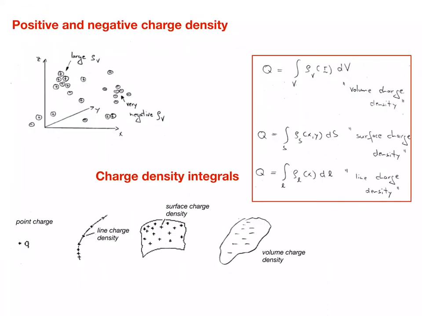In contrast to mass density, electric charge density can be positive or negative. The charge distribution in the cartoon is very positive for large z and tends to be negative for low z and large x and y.